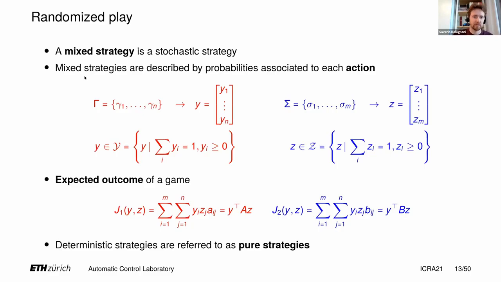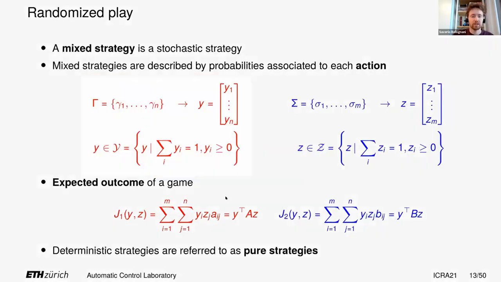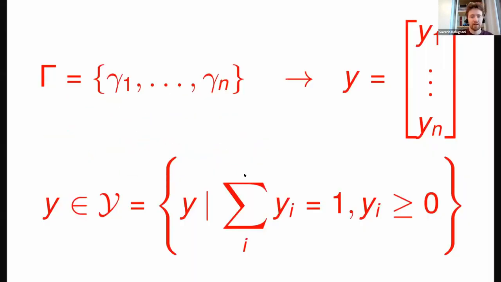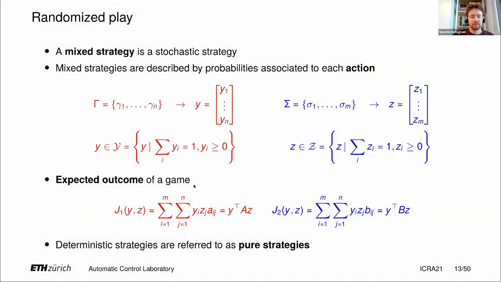So let's look at player one only first. If you have actions gamma 1 to gamma n for player one, then a mixed strategy is a vector y, which represents probabilities of player one playing strategy 1 to player one playing strategy n. And of course, these are probabilities, so they belong to the simplex, where the sum of all probabilities is 1 and they are all greater than or equal to 0.